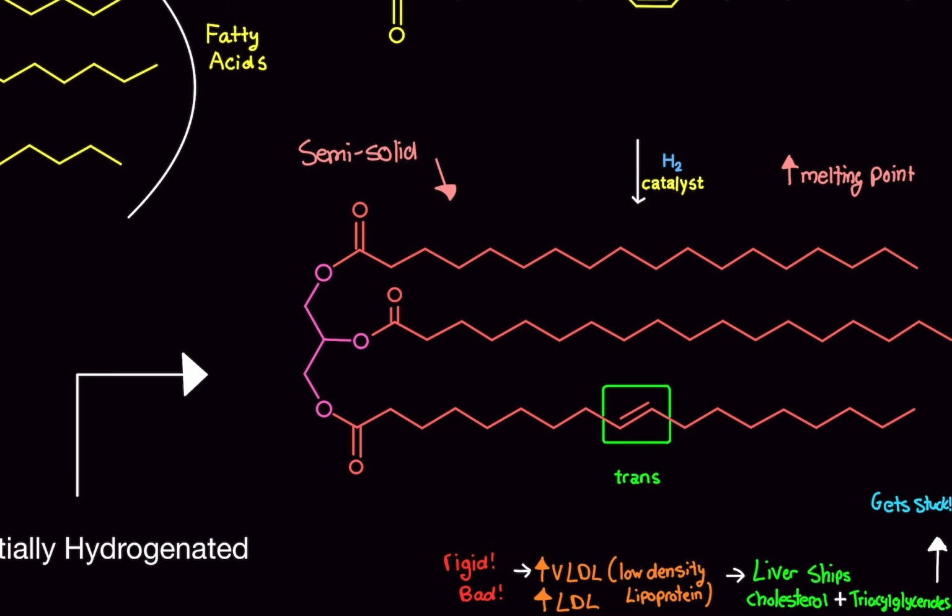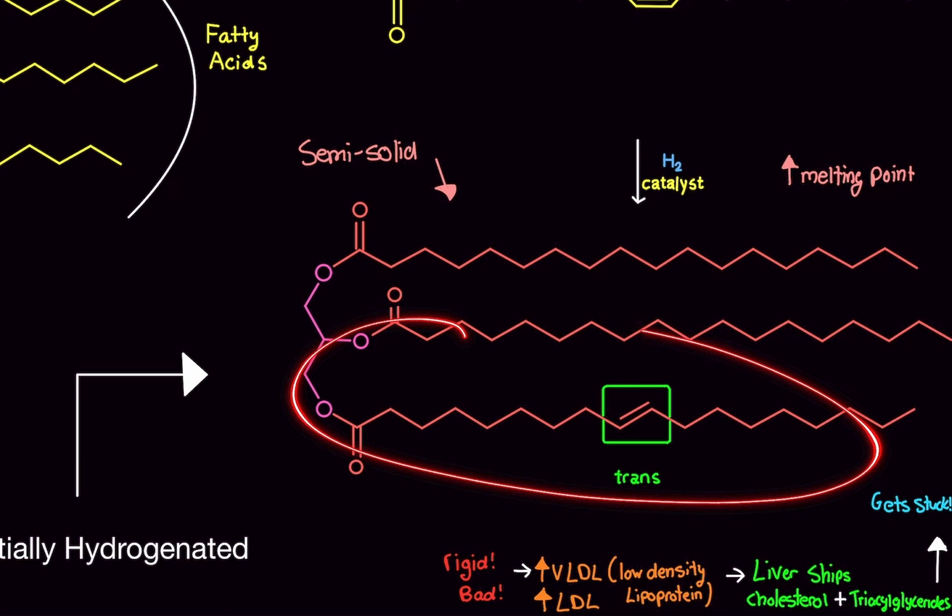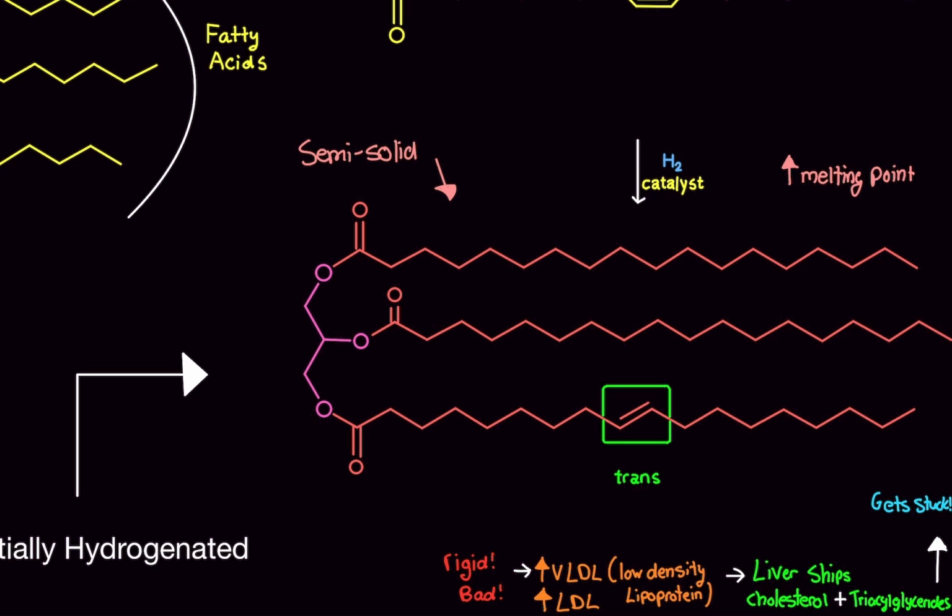So when you consume trans fats, your liver is like, uh-oh, we have an influx of this and we need to get rid of it. We don't like it. So it packages cholesterol and stuff like that into very low density lipoproteins and ships it out. Once it's shipped out and in your circulation, it transforms into low density lipoproteins.